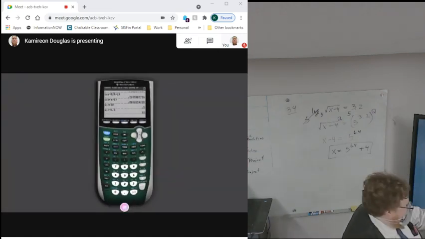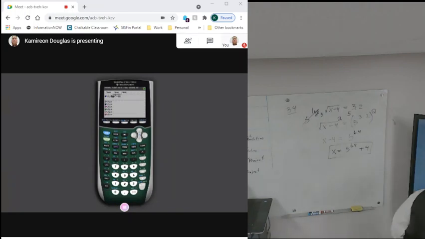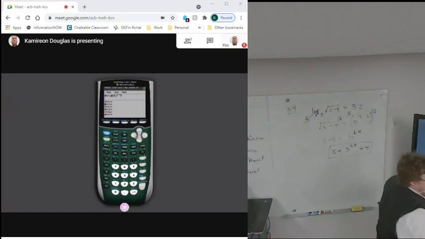Graphing utility. Graphing plane. 6 times 2 to the 1 minus 6, minus 25. Okay, ready?